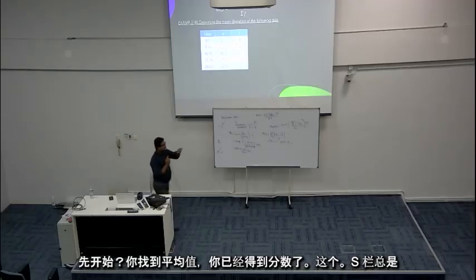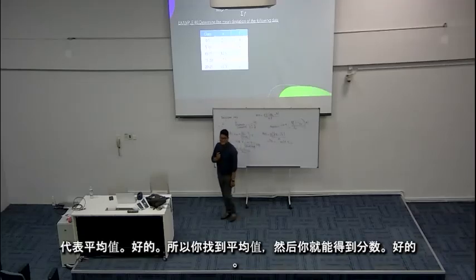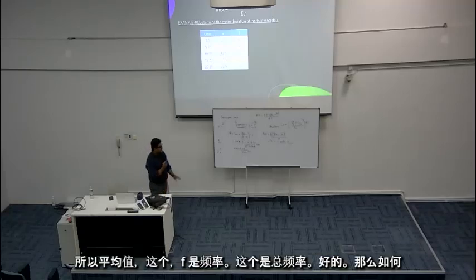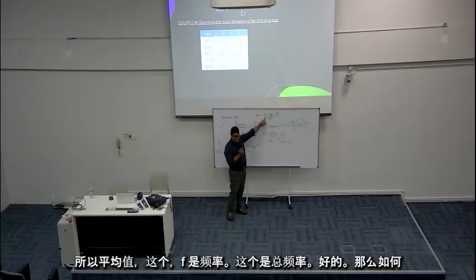You find the value of the mean, and you get marks already. X bar always represents the mean. F is the frequency, and this one is the total frequency.